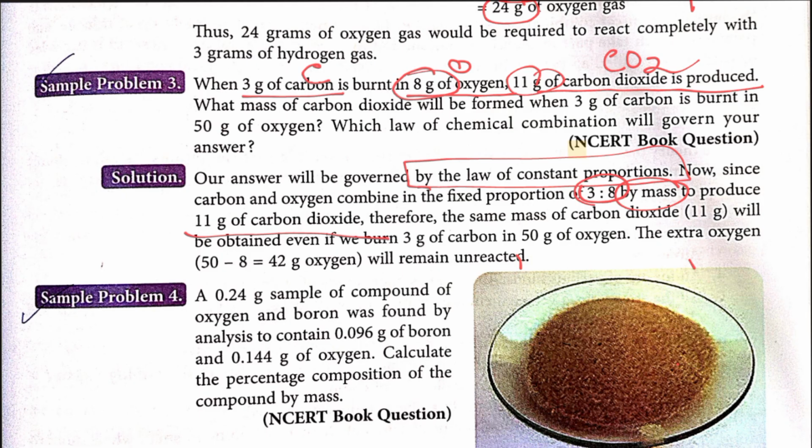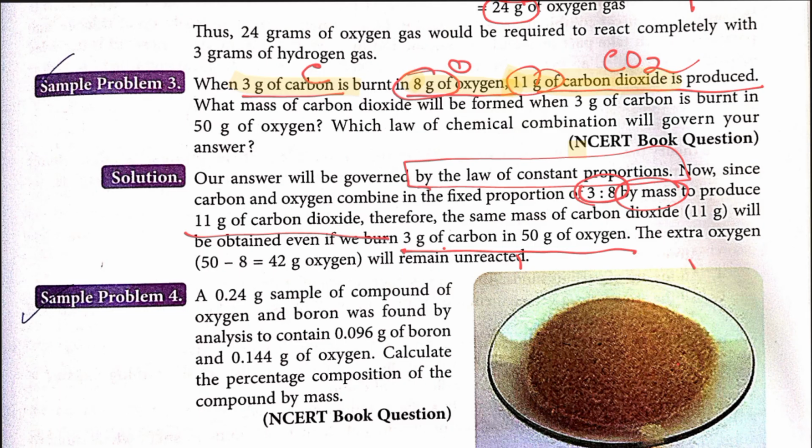Same mass of carbon dioxide will be obtained even if we burn 3 gram of carbon and 50 gram of oxygen. You know why? Because you already know that 3 gram of carbon will always require 8 gram of oxygen in order to prepare 11 gram of carbon dioxide. It will exactly require 8 gram.